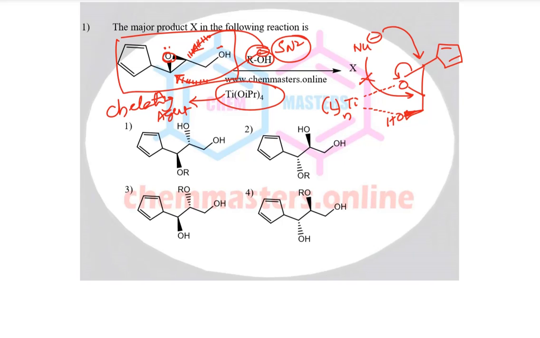That means the epoxide opening takes place from here, and the nucleophilic attack is here. That's why OR should be from below the plane. Whenever the attack takes place, OH will be above the plane and the incoming nucleophile should be from below the plane. Okay, so that's why the second option is the correct answer.